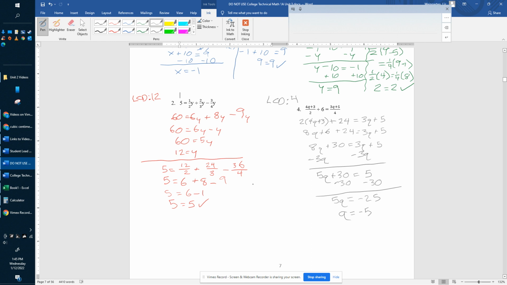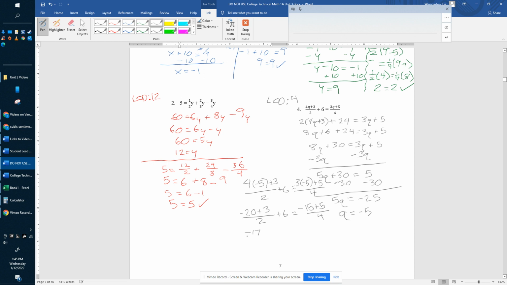So let's check our answer. We're going to have 4 times negative 5 plus 3 over 2 plus 6 equals 3 times negative 5 plus 5 over 4. 4 times negative 5 is negative 20 plus 3 over 2 plus 6 equals 3 times negative 5 is negative 15 plus 5 over 4.